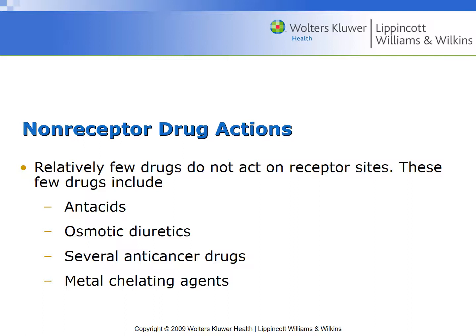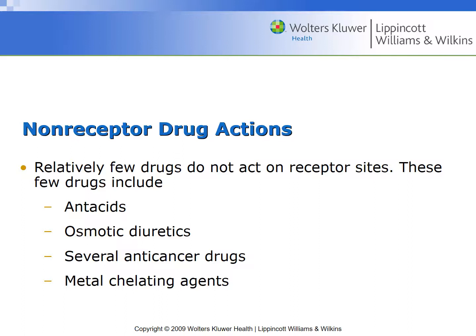Okay, non-receptor drug actions. There are relatively few drugs that act in this manner, and these include antacids, osmotic diuretics, several anti-cancer drugs, and metal chelating agents.